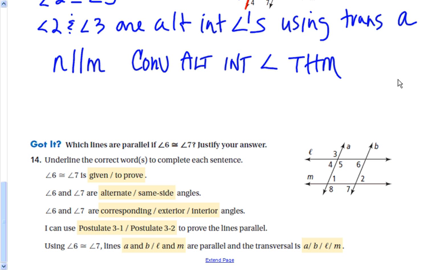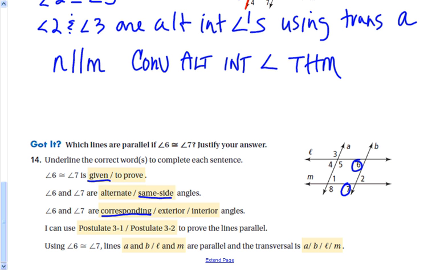Which lines are parallel if angle 6 is congruent to angle 7? All right. Angle 6 is congruent to angle 7, it's given. Angle 6 and angle 7 are corresponding angles.